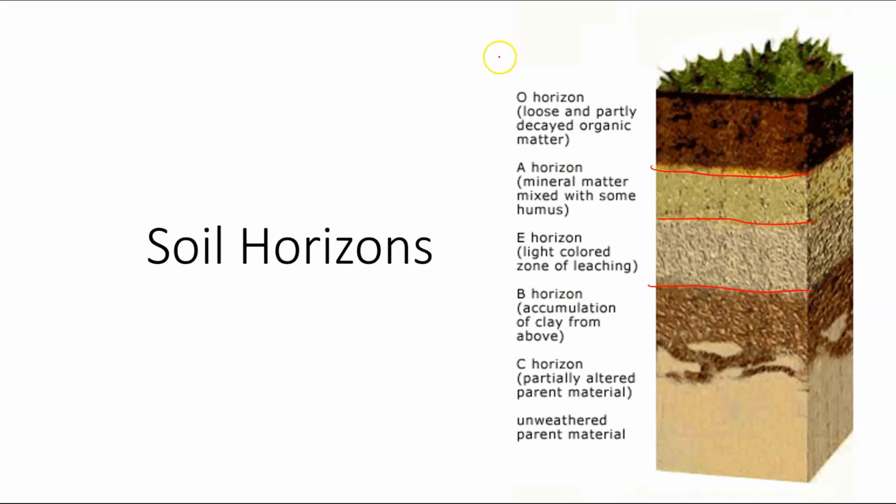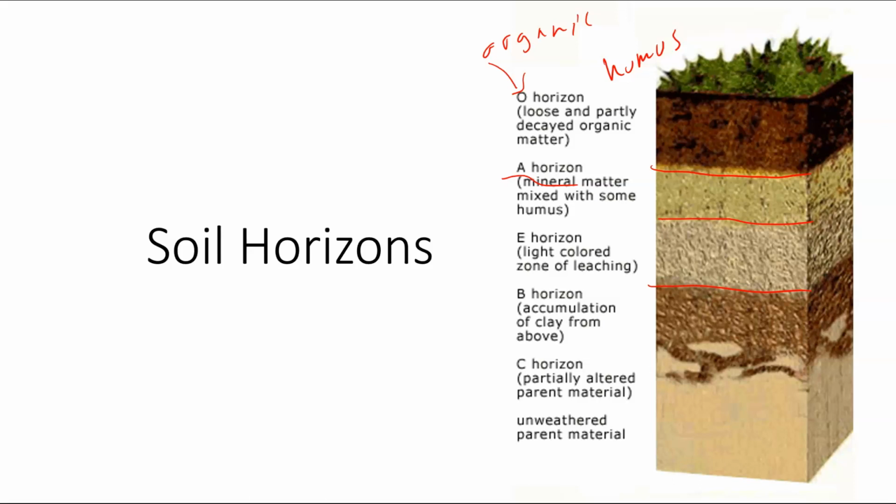So the O horizon, the O you can remember as our organic. That's going to be where we have loose and partly decayed organic material. And this is where we would find our humus again. Beneath that O horizon, which can vary in thickness, is our A horizon. That's what we would refer to as our topsoil, all right?